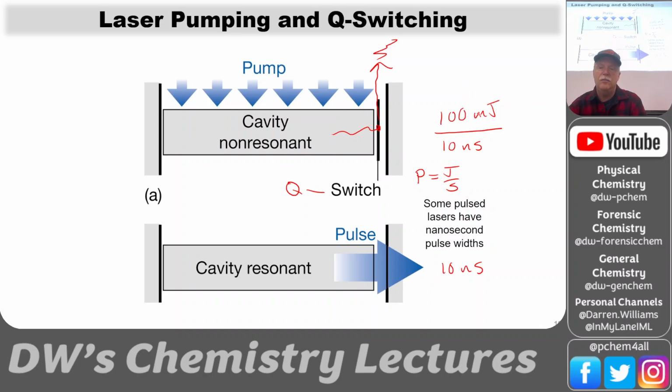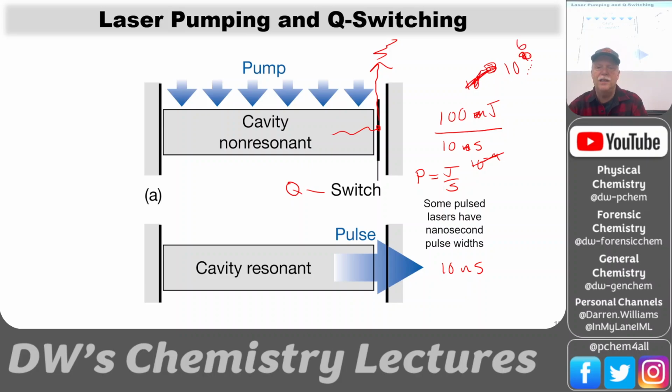The power is equal to the joules per second. Milli is 10 to the minus 3, and nano is 10 to the minus 9. If we divide by 10 to the minus 9, we can bring it up on top as 10 to the 9, and we can make the exponent a 6.